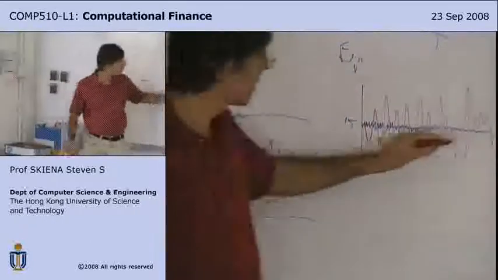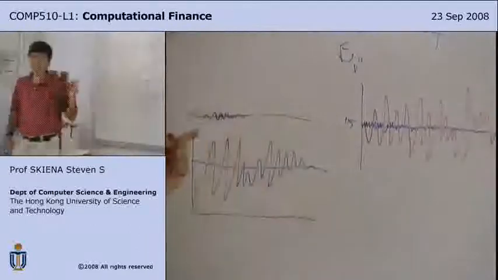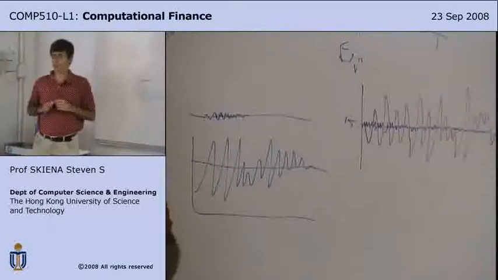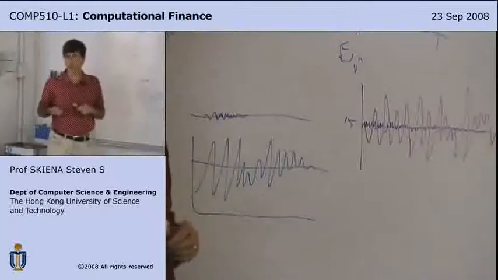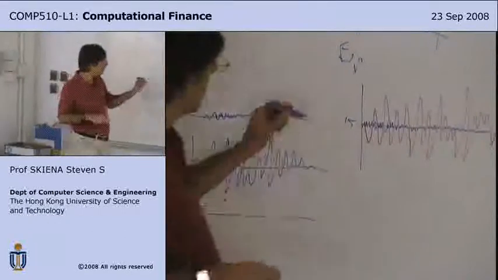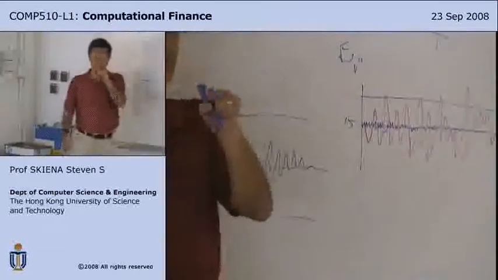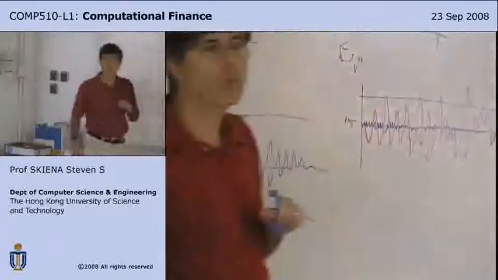Okay? How might this volatility affect the price of the option? Suppose you have a call option on one of these stocks at some strike price above what it currently is. Let's say $25.